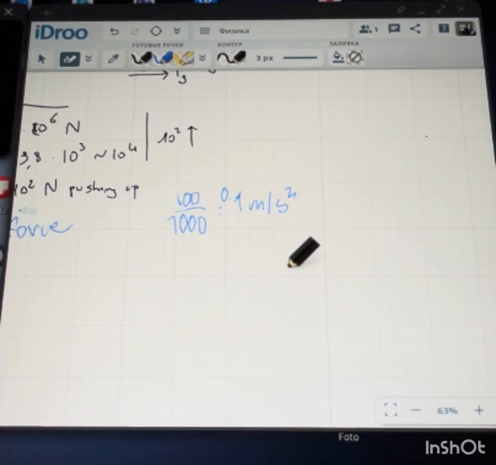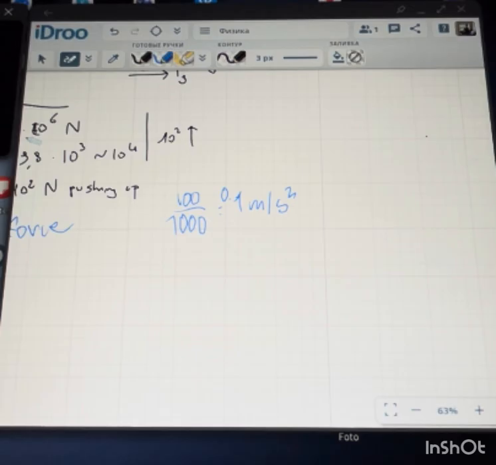Good. Now, what is our next step? What happens then? So we now know the vertical acceleration. Do we calculate the horizontal calculation? Let's analyze fully the y-axis and then fully the x-axis.